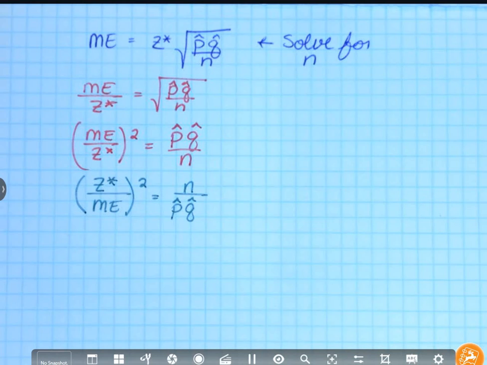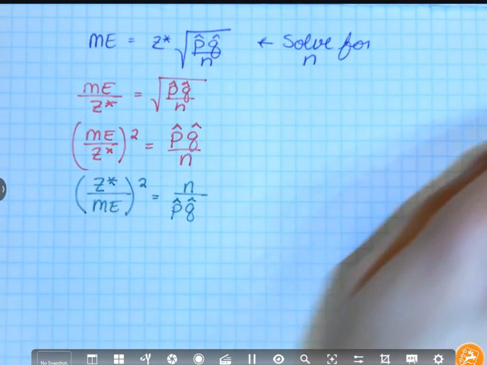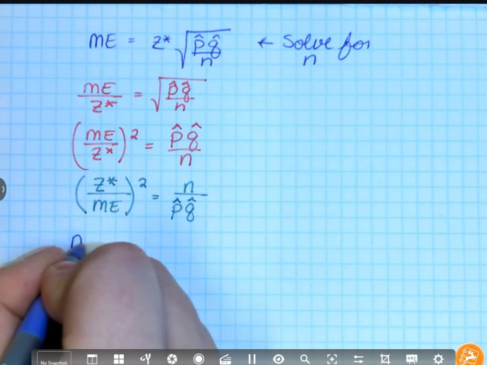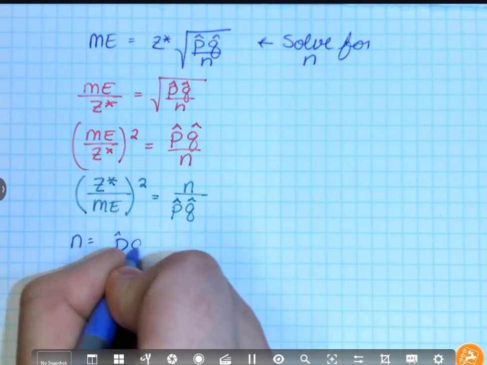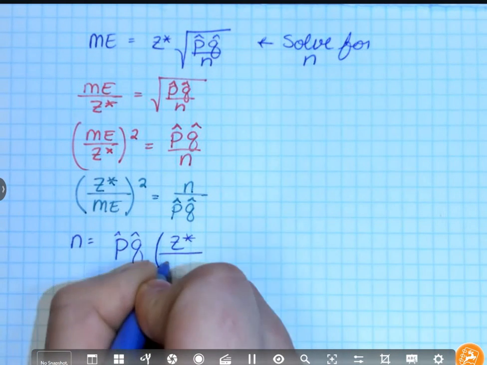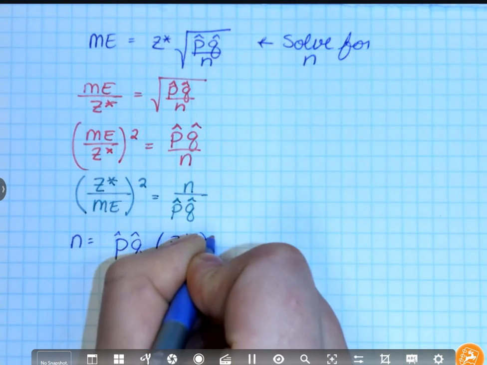That's going to make your life a heck of a lot easier to finish solving this, because it's just really one more step. What do I need to do? Multiply by p hat q hat. So n is going to be p hat q hat times z star over the margin of error, squared.